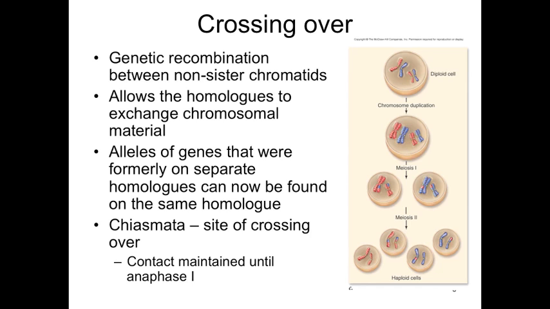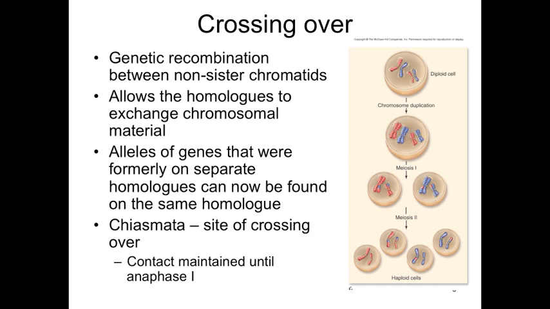So again, the non-sister chromatids are chromatids in the same tetrad or of the same homologous pair that contain different varieties of the same information. So a blue one and a red one. This genetic recombination or crossing over allows each homologue to exchange chromosomal material.